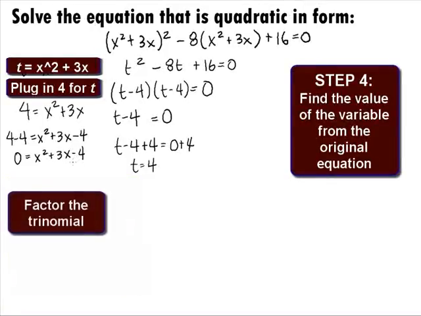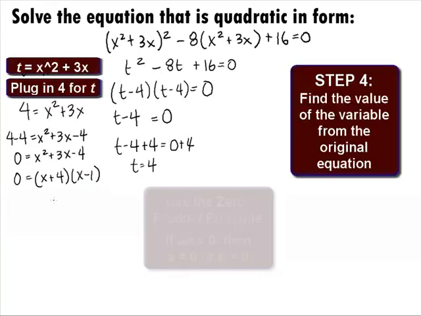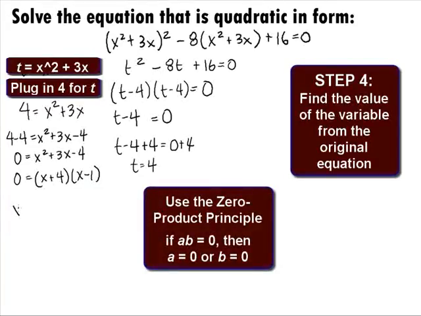Factoring that trinomial on the right side, we get 0 equals x plus 4 times x minus 1. Using the zero product principle, we can set this up in two equations of x plus 4 equals 0 or x minus 1 equals 0.